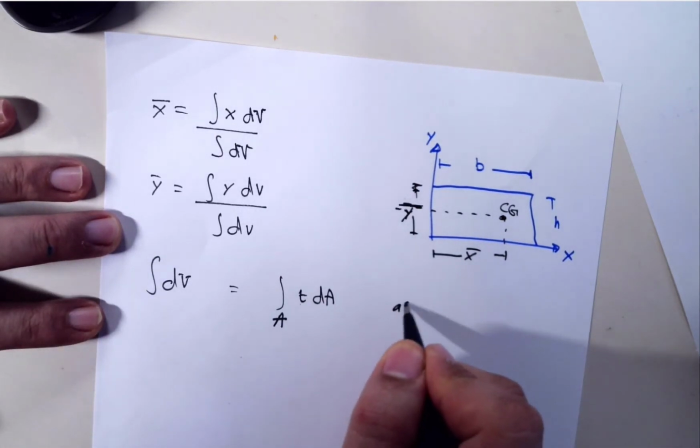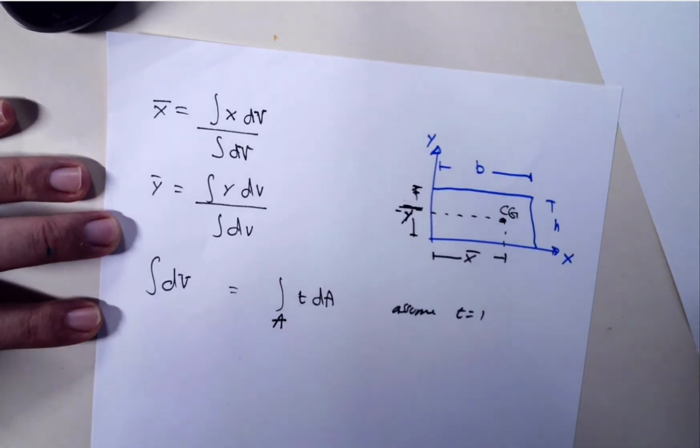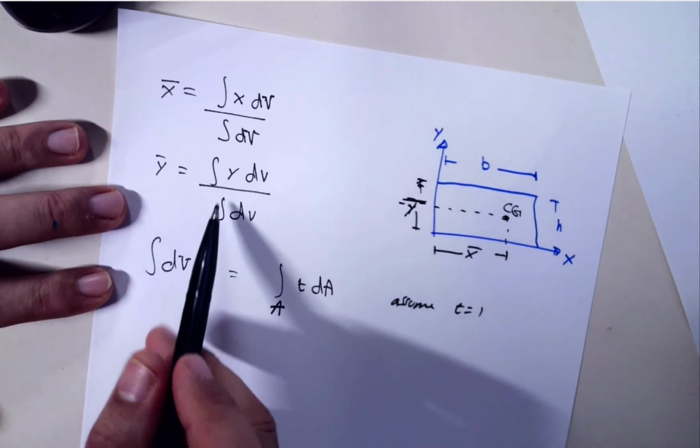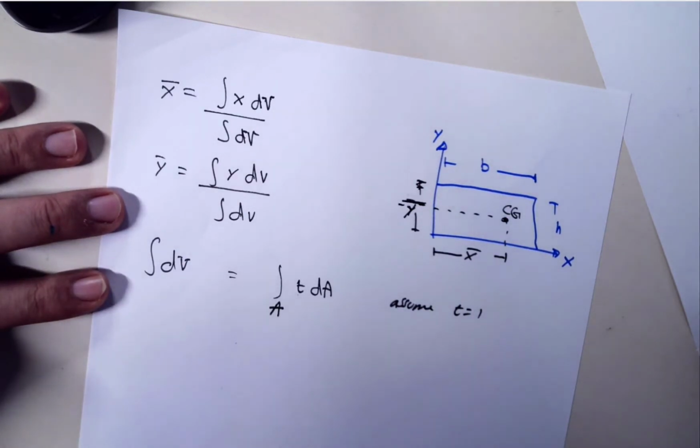Assume t is a unit, although you don't have to assume a unit quantity, because it's going to cancel from this ratio. Or you can say it's equal to 1.